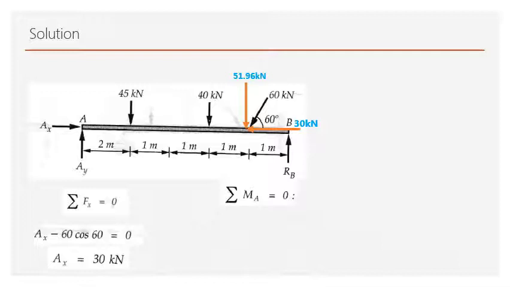Next force is the 45, that is clockwise, so plus 45 into 2. Next is the 40 kilonewton, which is at a distance of 2 plus 1 plus 1, that is 4 meter. So plus 40 into 4. Next is the vertical component of the 60 kilonewton, that is 60 sin 60 into 5, or 51.96 into 5.